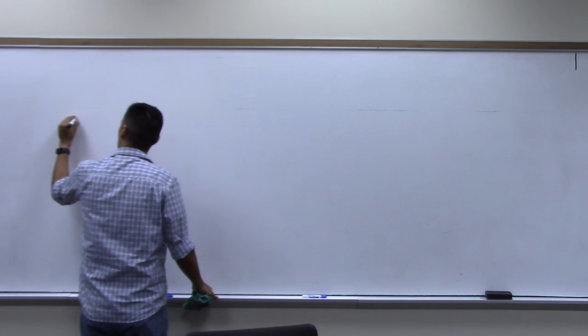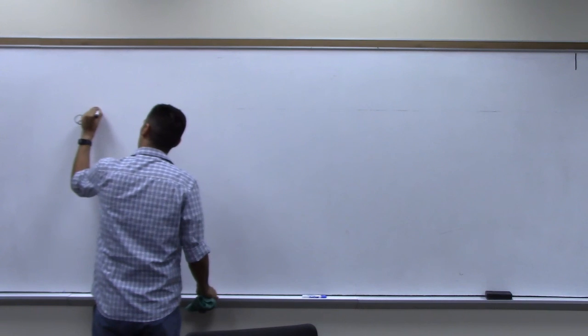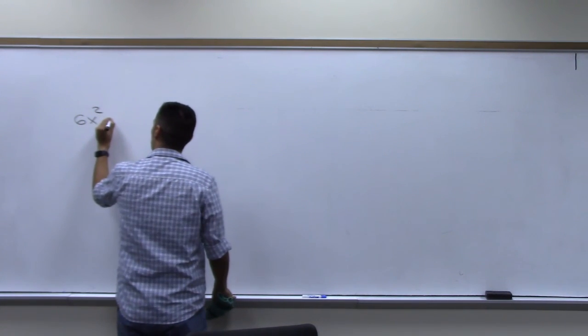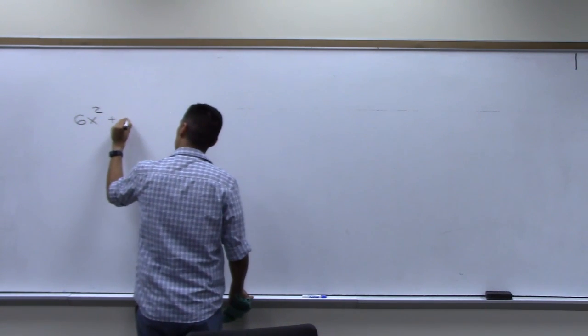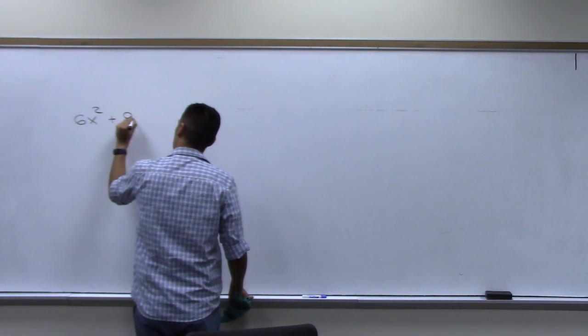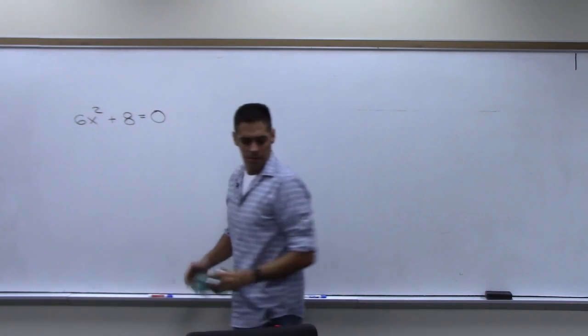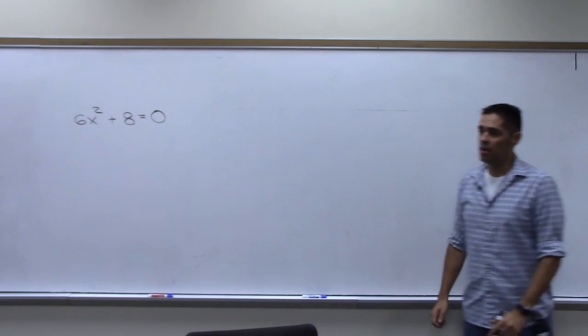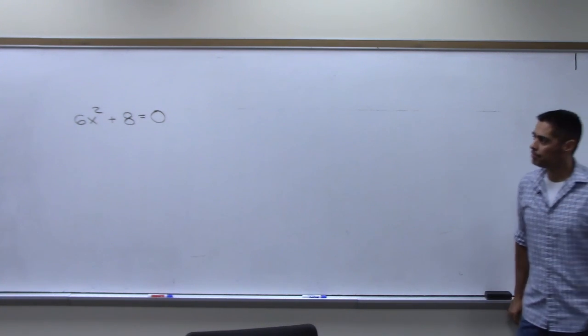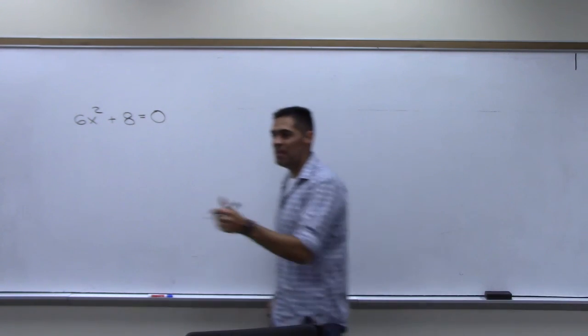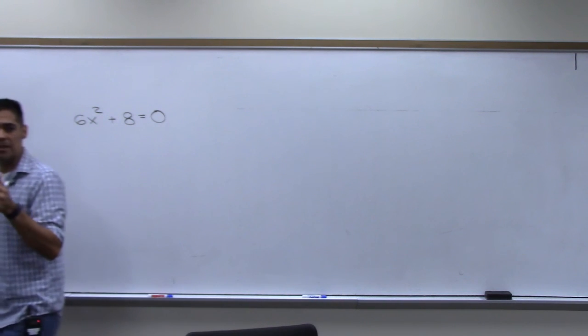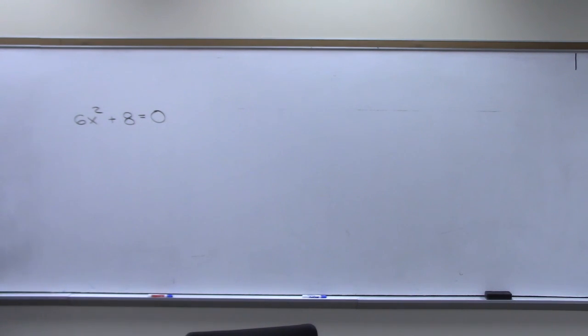Let's do 6x squared plus 8 equals 0. So we are looking at a quadratic equation, right? It is missing the x term, right? When it's missing the x term, you just isolate the x squared.